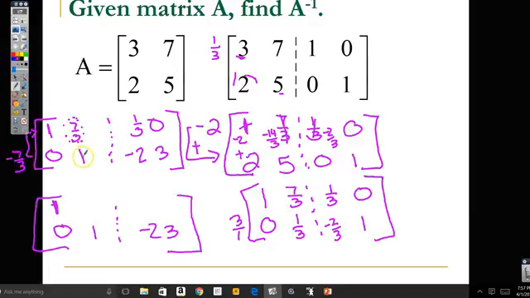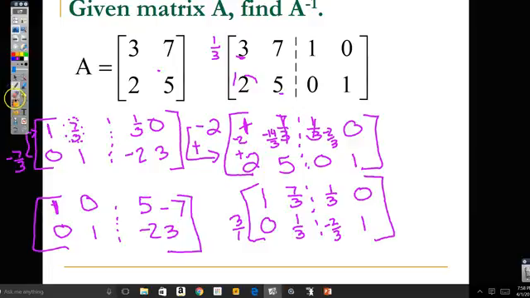Negative 7/3 times 1 plus 7/3 is 0. 14 over 3 plus 1 over 3 is 15 over 3, which is 5. And negative 7 over 3 times 3 is negative 7 plus 0. So since we have the identity, this would be considered the inverse matrix of this.